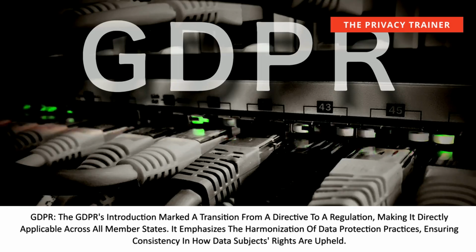The GDPR's introduction marked a transition from a directive to a regulation, making it directly applicable across all member states. It emphasizes the harmonization of data protection practices, ensuring consistency in how data subjects' rights are upheld.